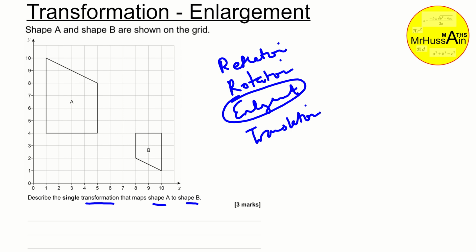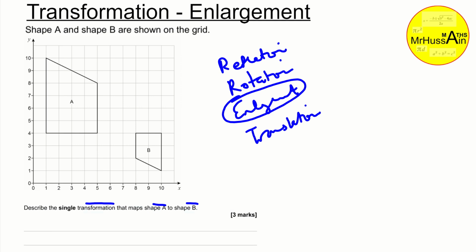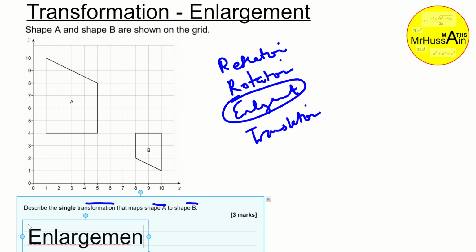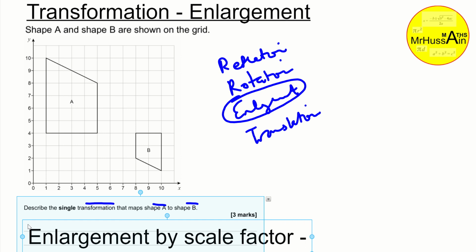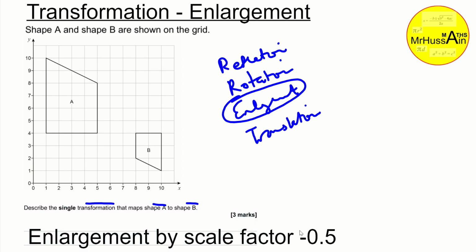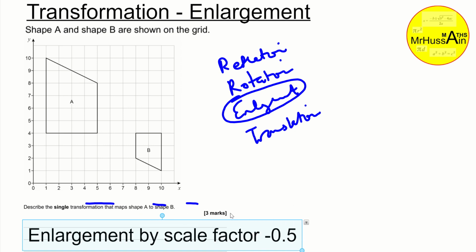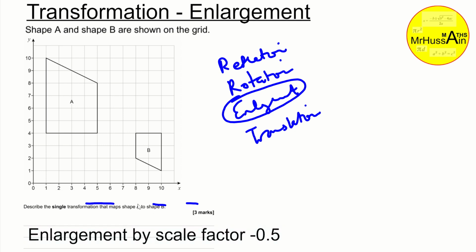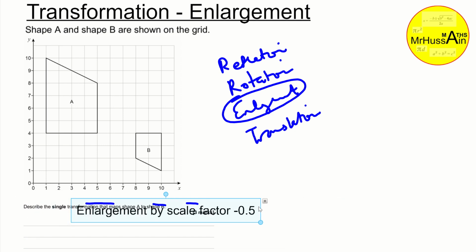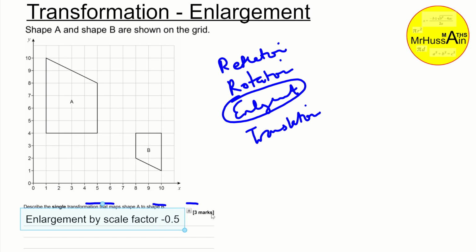So we would say enlargement by scale factor minus half, or minus 0.5, your choice. There you go. Now that's 2 marks.